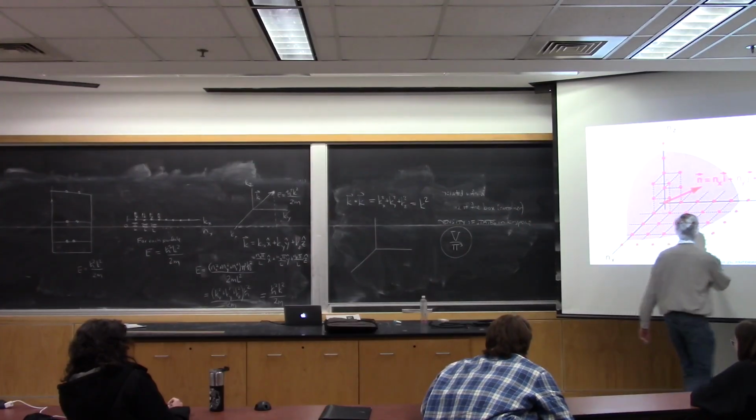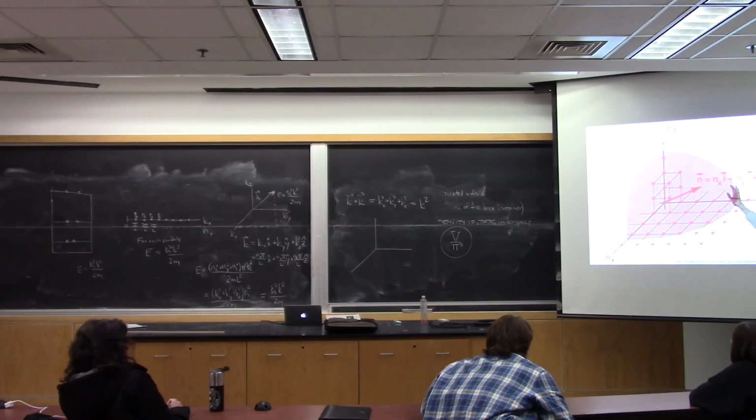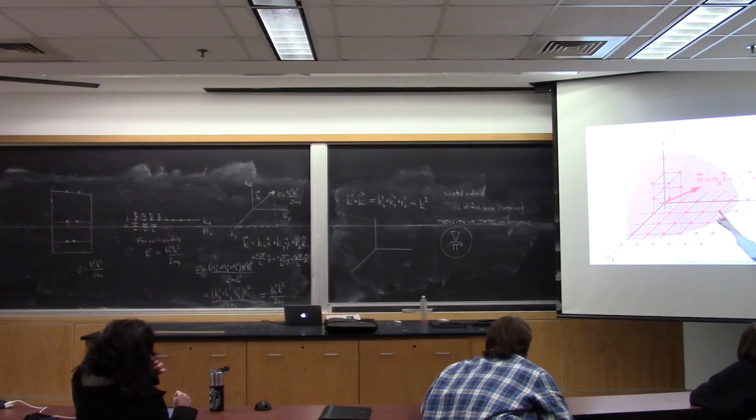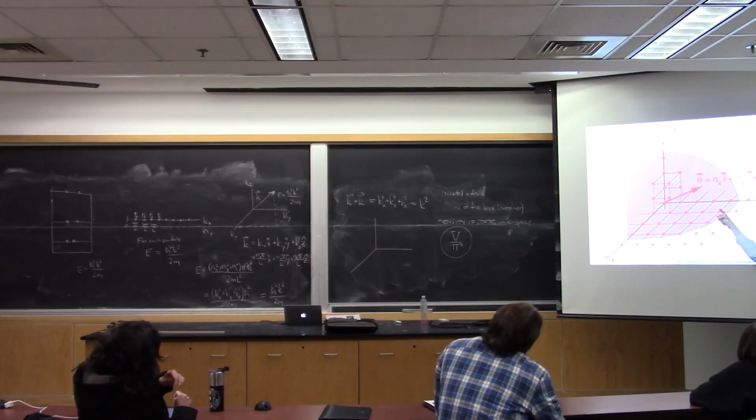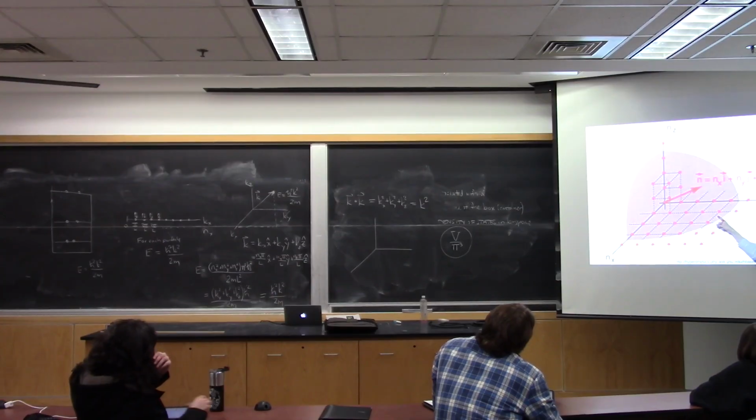Anyway, everybody on that surface, all those states have exactly the same energy. Now, they're dots, right? So it's not too likely that a dot's going to be exactly on that surface, but any dots that were on that surface would have exactly the same energy.